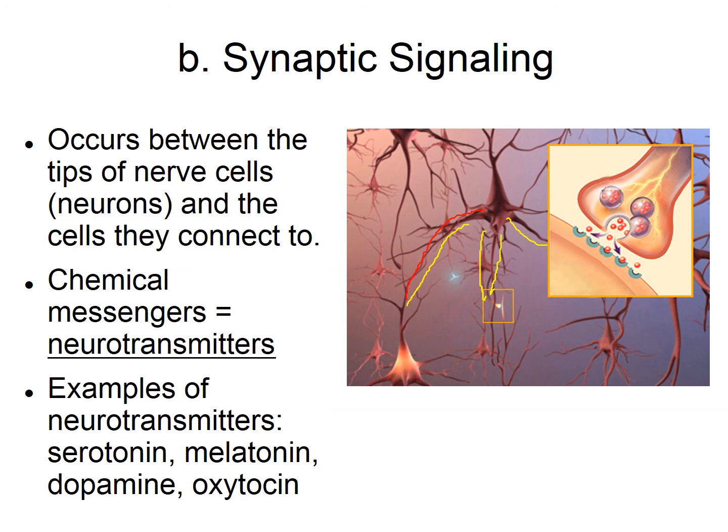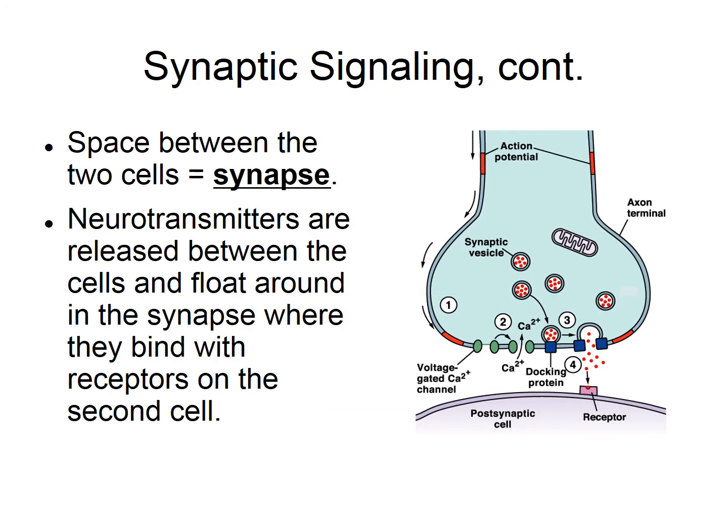Now at the ends of these long extensions, you're going to find these regions known as synapses. And that's what this type of signaling is named for, these synapses. So let's take a closer look at those. This is what a synapse kind of looks like. You can see that this is the end of that nerve cell. Here it is.